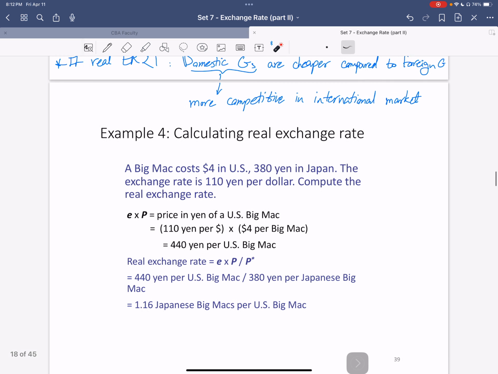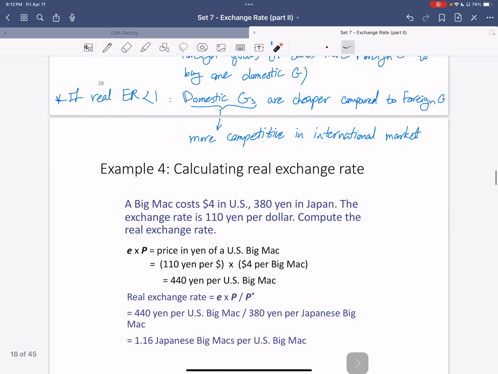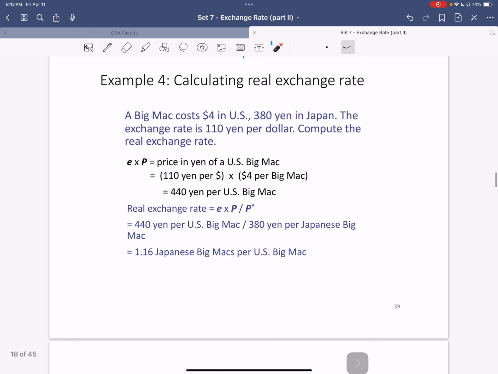We learned earlier that the level of the prices could be calculated with a basket of goods, but now we are just assuming that there is only one good in that basket. That's why we calculate the cost of that basket, which is $4 in US dollars and 380 yen in Japan.